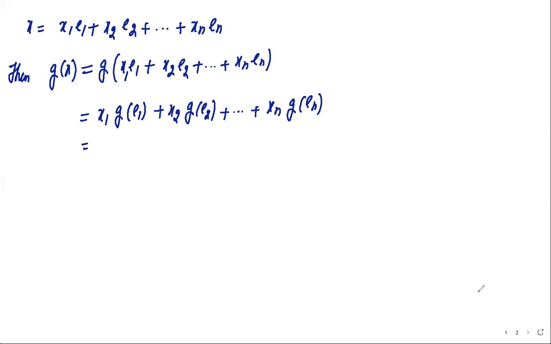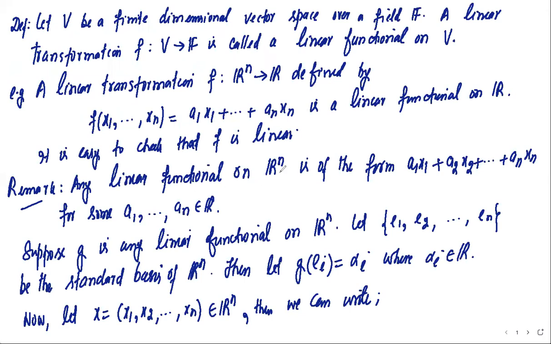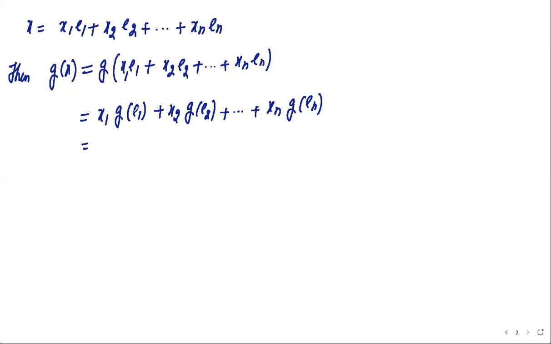Now, by definition, since g is a linear functional on Rn, we have defined g of ei equal to alpha i. So using this, g of e1 can be put equal to alpha 1. So the first term is x1 alpha 1, the second term is x2 alpha 2, and so on, and this one is xn alpha n.